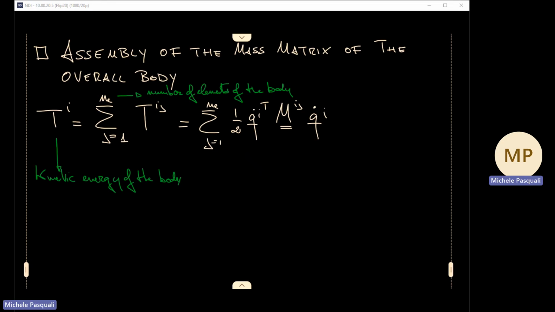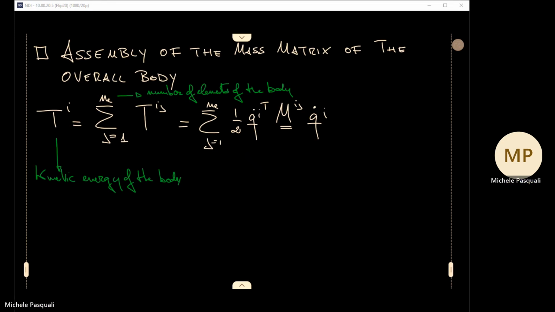Now, why did I stress the fact that here, when we express the kinetic energy of the element, in fact, we operate over quantities which are defined for the overall body, retaining the information of the element only in the mass matrix.